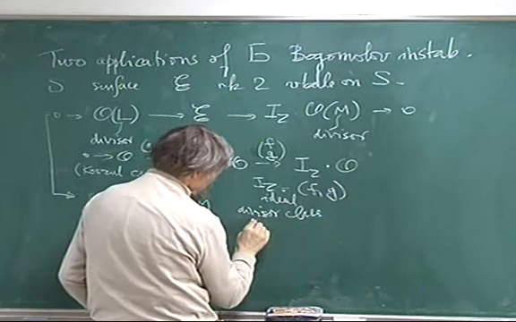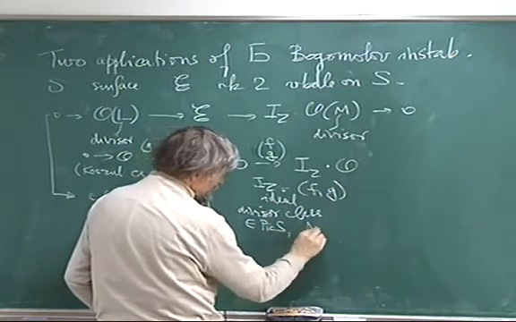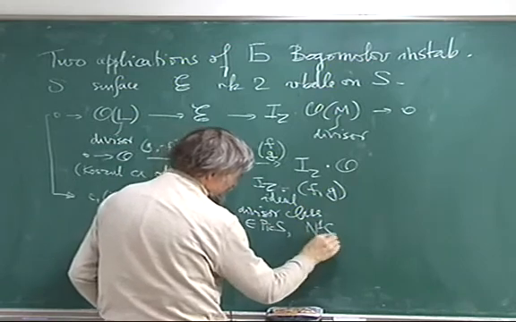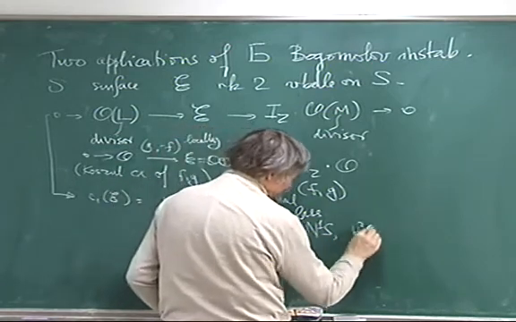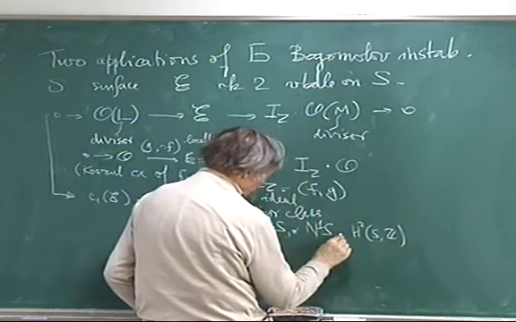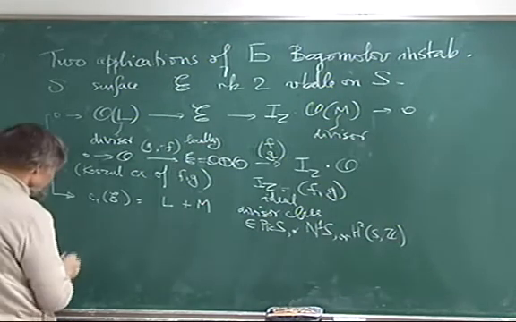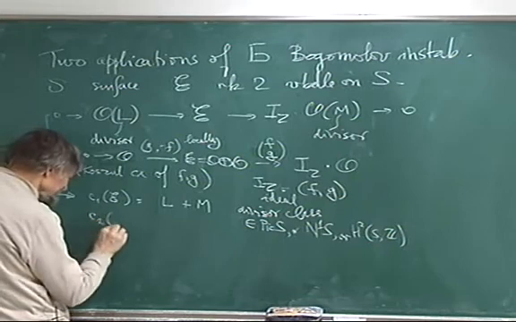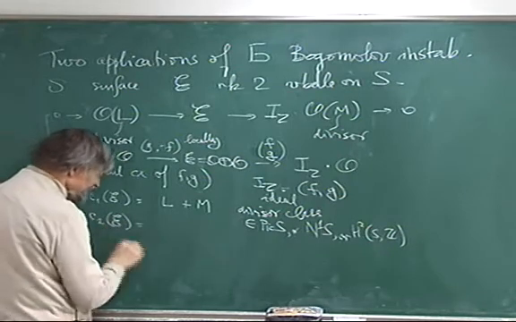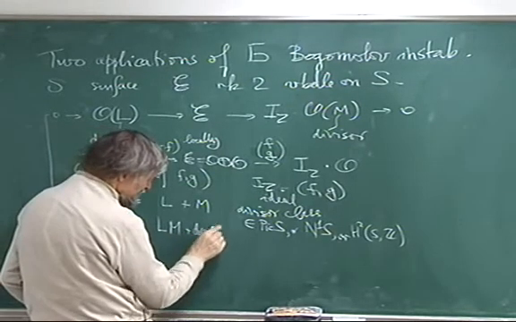You can think of it as being in Pic S, or in the Néron-Severi group of S, or in H2 of S with coefficients in Z. I'm not going to take the trouble to say which I need at each stage. And C2 of E is L times M plus the degree of Z.